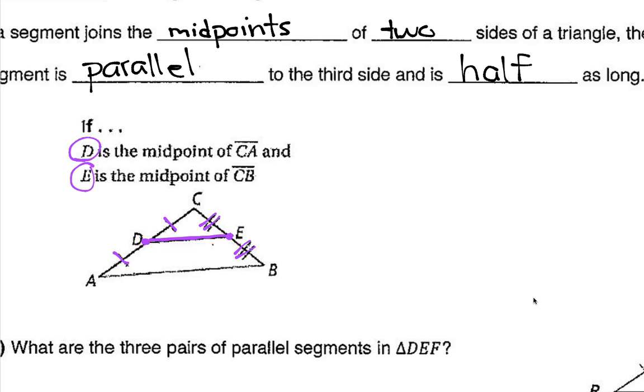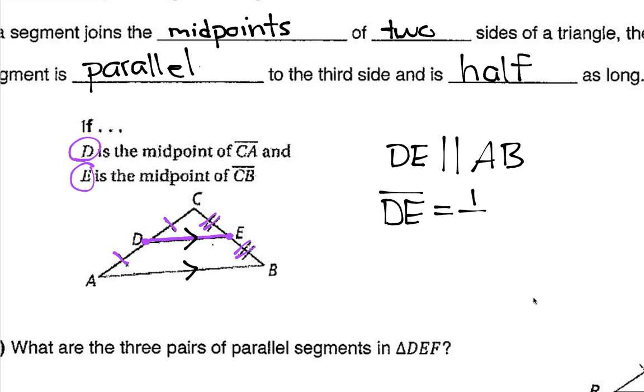But since it's the midpoint of both sides, these are indeed parallel. So DE is parallel to AB. Also, DE equals 1/2 of AB.